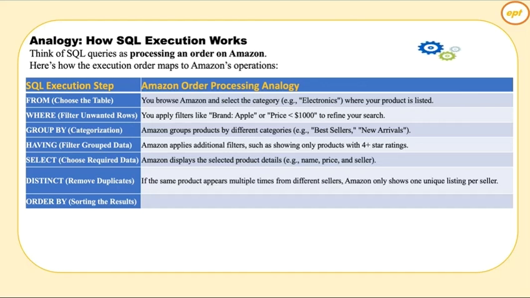Now what is the next thing? Finally, you have everything in your hand, right? Finally, what will you do? Sometimes you again want to sort the data. You decide how to sort the search result, right?